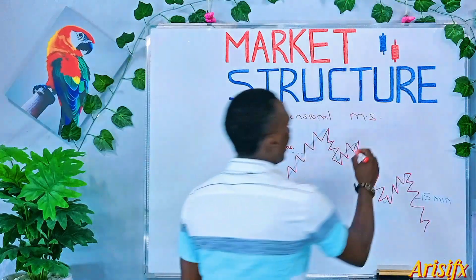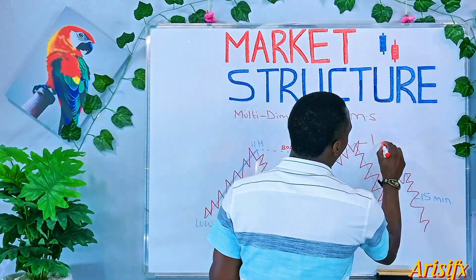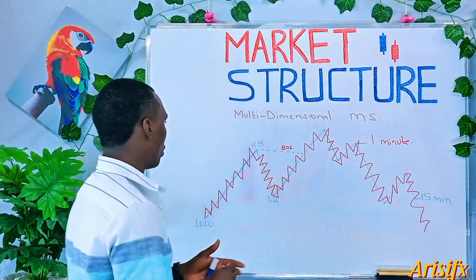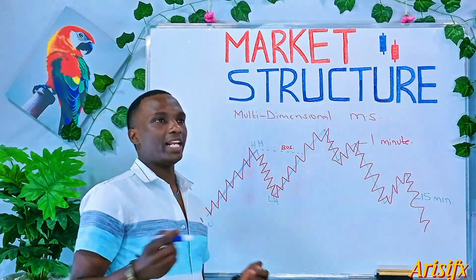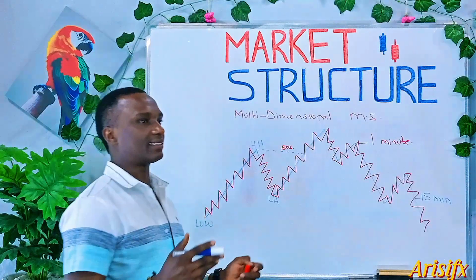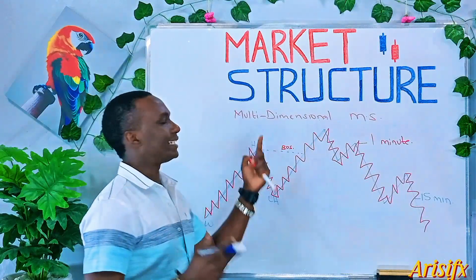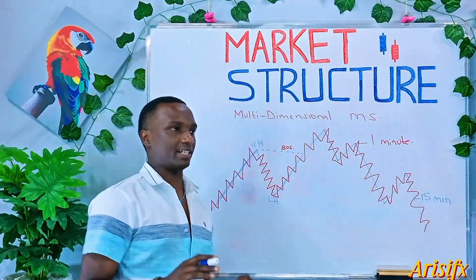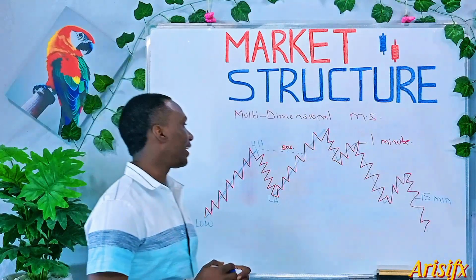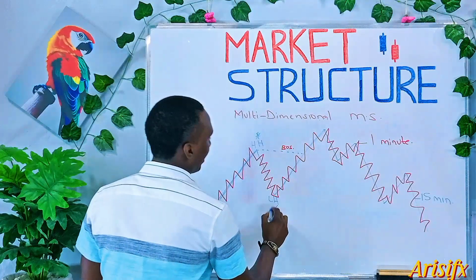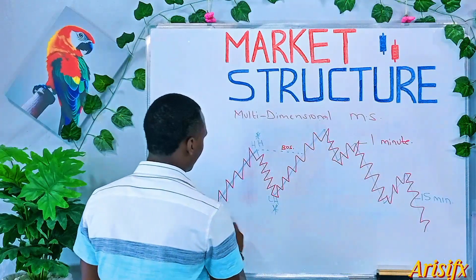Okay, so the red line here signifies 1 minute. Okay, good. So to really understand this, we are saying that the multiple dimension market structure gives you a deeper understanding on how to identify the main swing highs and the main swing lows.